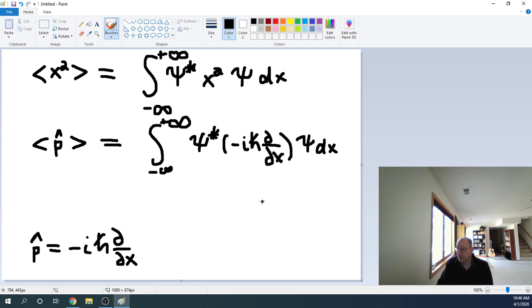Let's say that my wave function is the square root of 2 over L times sine of n pi x over L. This is just an example, it's not always going to be this, but let's say it's the particle in the box in the n equals 1 state. So our n is going to be 1, so it's pi x over L. Okay, so let's say that's psi.